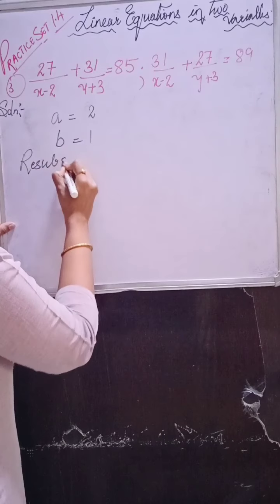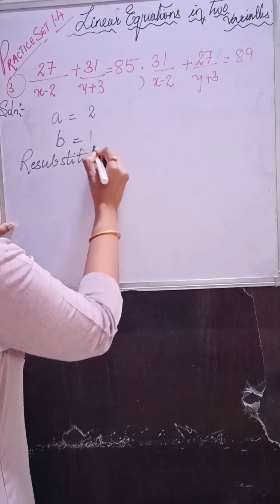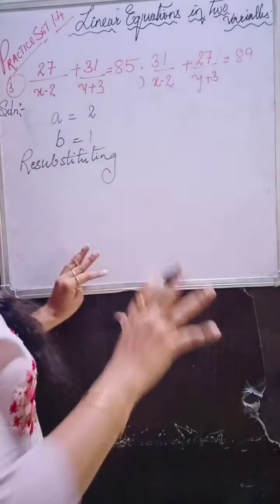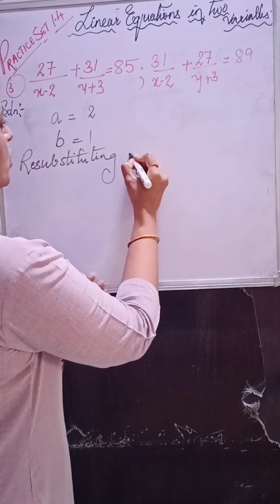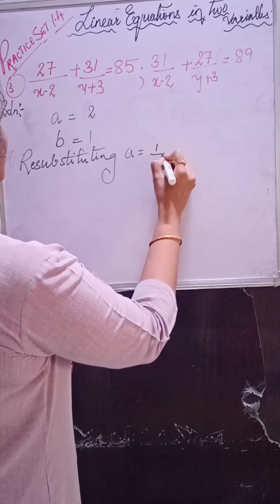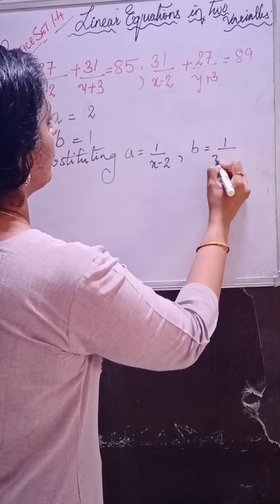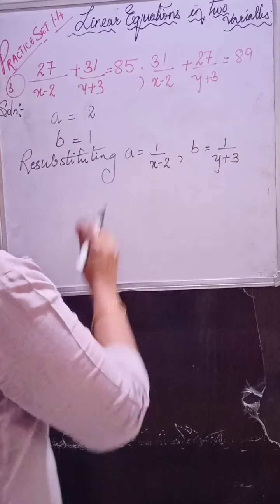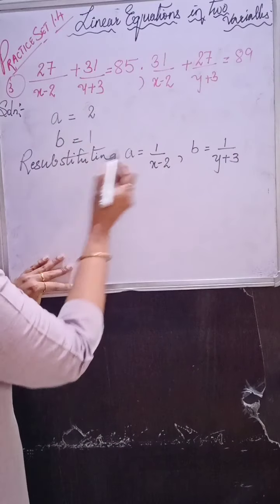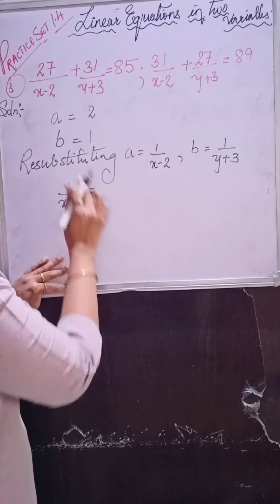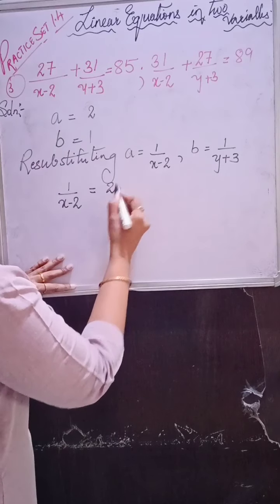Resubstituting or replacing, any word you use. We don't care about the words. We care about the steps. Resubstituting a as 1 upon x minus 2 and b as 1 upon y plus 3. So one by one let's start. 1 upon x minus 2, what was a? 2.